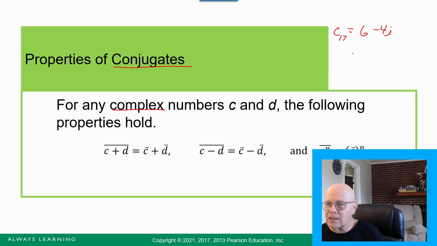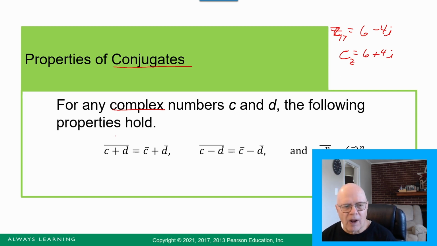What's its conjugate? Actually, let's call it z. That's better. And its conjugate, the conjugate for z would be 6 plus 4i. Look familiar now? Okay.